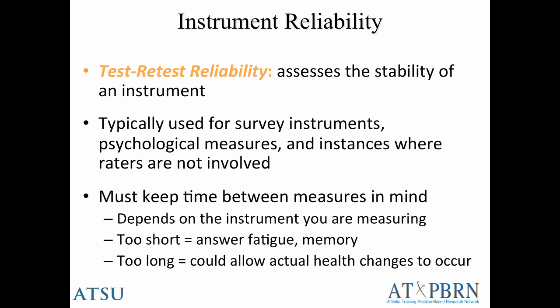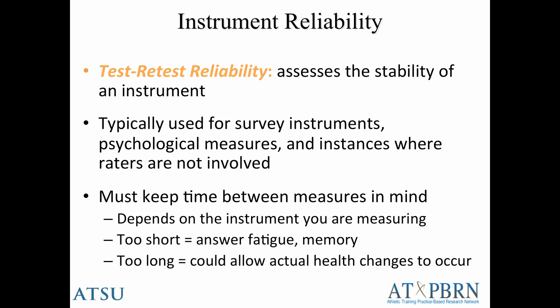When determining the length of time between administering the 2 tests, you want to consider what the instrument is assessing, as well as what things may naturally occur that could influence an individual's score. If the time between testing periods is too short, you may encounter answer fatigue or memory issues, meaning that the individual remembers how they responded the last time, and therefore is answering the second time based on their previous response and not the current truth.